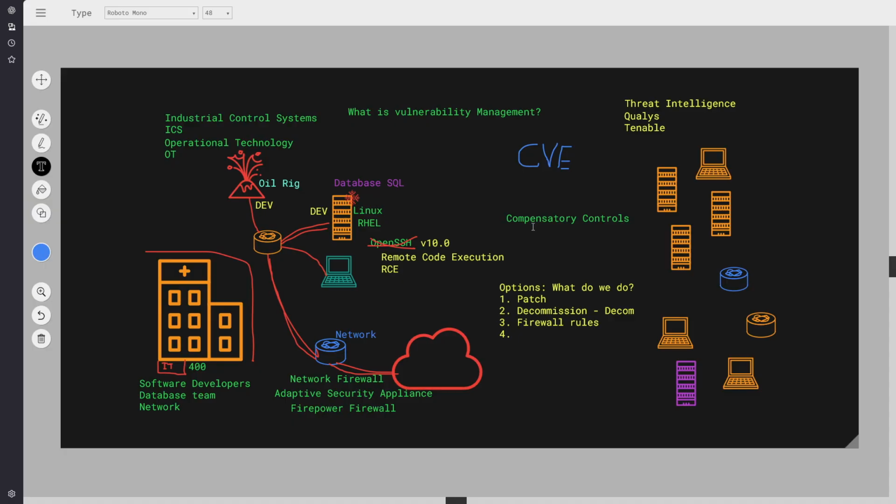Common vulnerability and exposures. This is just a means of tracking and managing vulnerabilities and the information contained within them. It's very common that you'll see something like this.